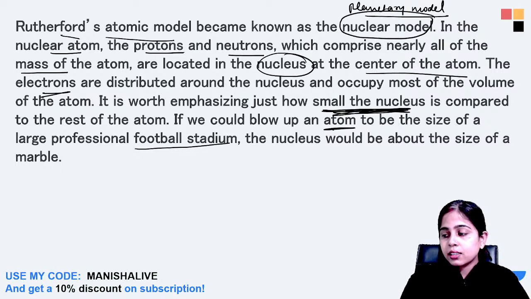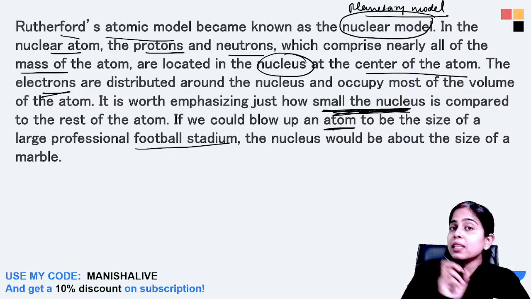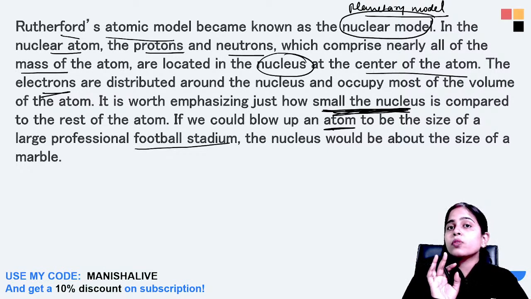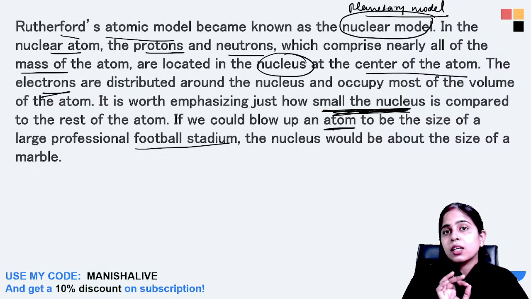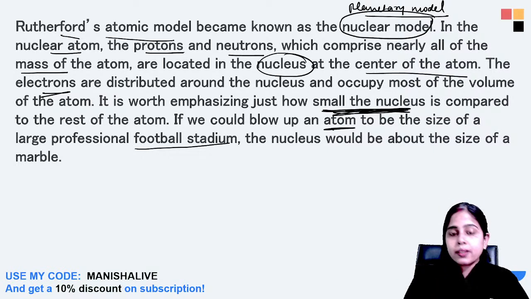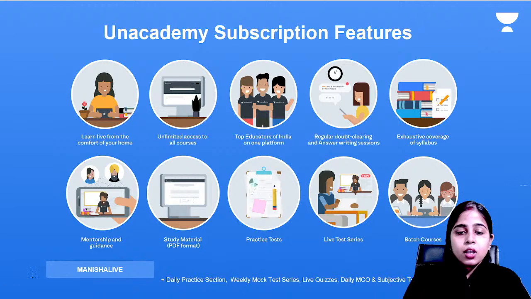That means the size of the nucleus is very small, but still the mass of the atom is determined by the number of protons plus the number of neutrons. So this is the nuclear model, or planetary model, of Rutherford. Clear, very good.